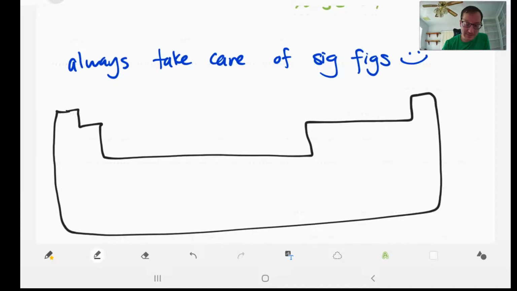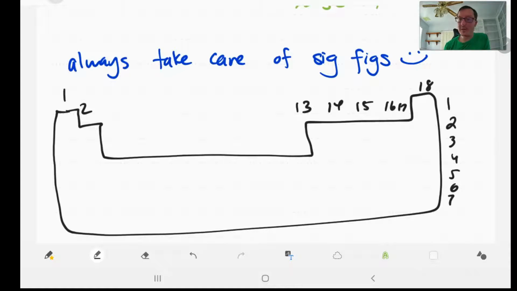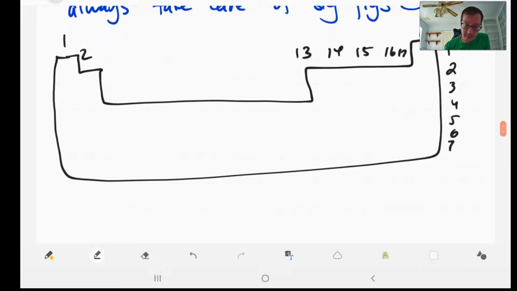Anyways, there are columns in the periodic table, and there are rows, right? 3, 4, 5, 6, 7. The numbers at the top are called groups, and a few of them have special names. In this question, it says halogen.